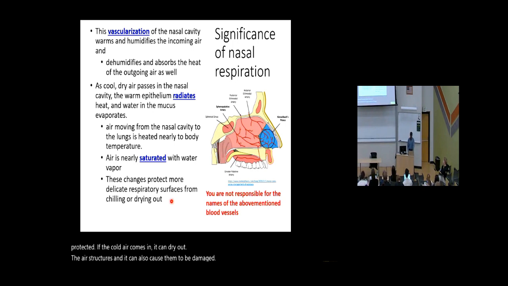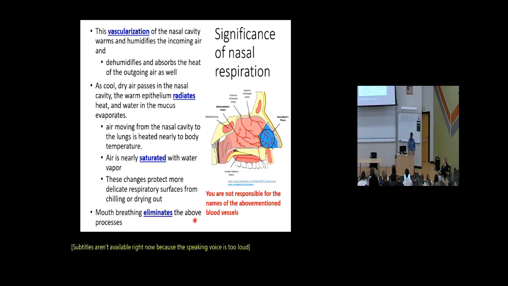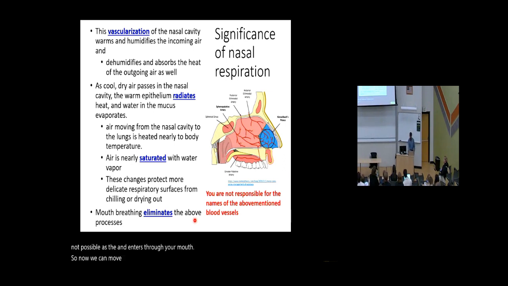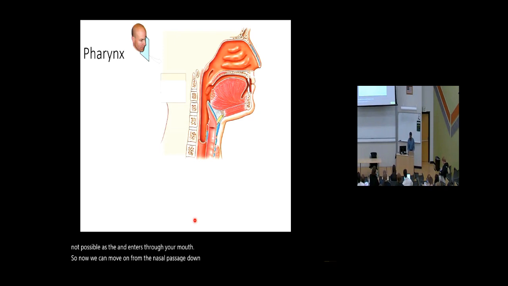So if a person were to breathe through their mouth, all of these above mentioned processes will be eliminated, right? You will get air in, but there's no guarantee that it's going to be humid or warm, right? So that's why it's important to breathe through the nose, and also the filtration aspect will not be possible as the air enters through your mouth. So now we can move on from the nasal passage down to the pharynx.